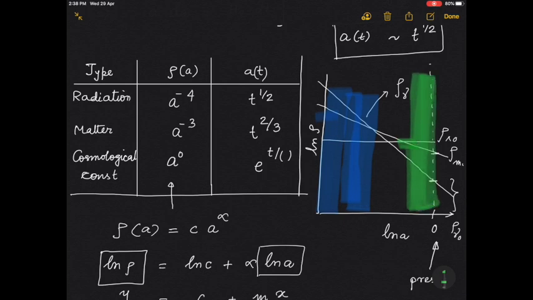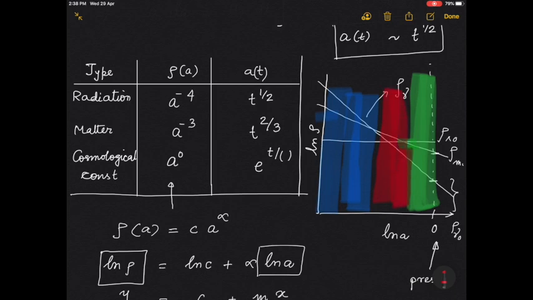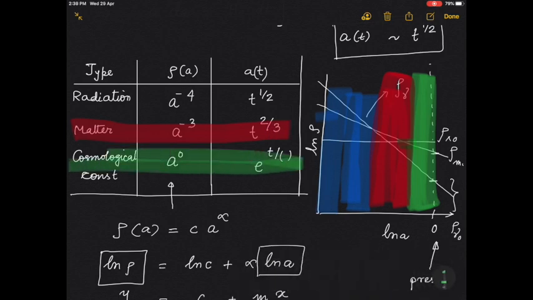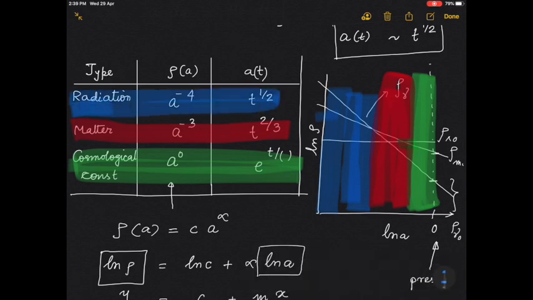So here the cosmological constant starts to dominate, so this is the region where the universe is cosmological constant dominated, because you see the line corresponding to rho lambda is highest in this region. And then I have another region in between where the universe is matter dominated, right? So this is the matter dominated universe. This is the cosmological constant dominated universe. And this is the radiation dominated universe.